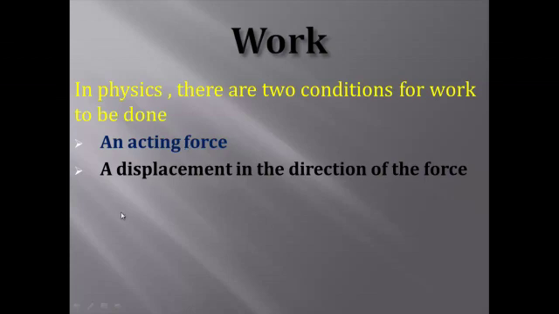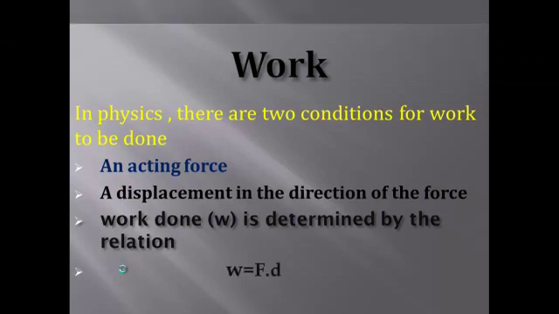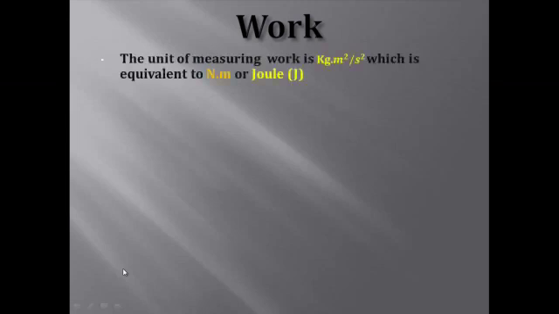Do you understand me? So if I want to determine the work by this relation, work equals F times D. Now the measuring unit of work is the joule, and the joule is equivalent to what?